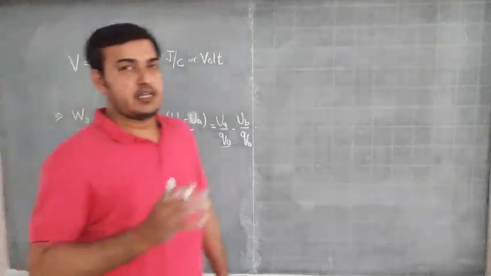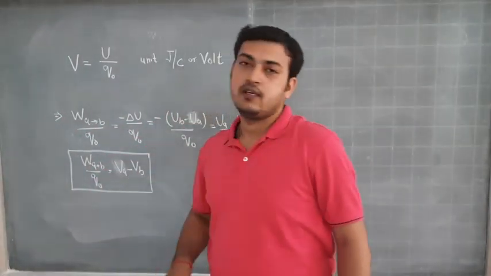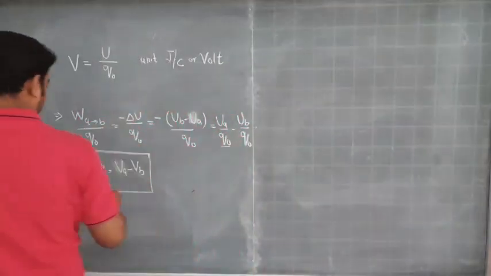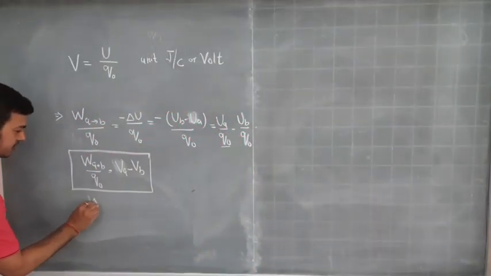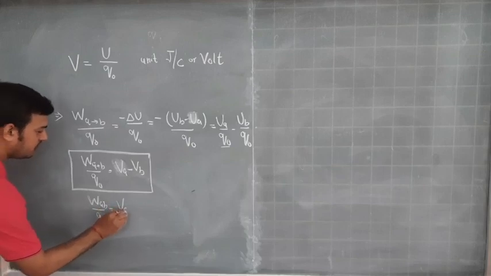So this term is called potential difference, or in general form we can also write it as VAB.